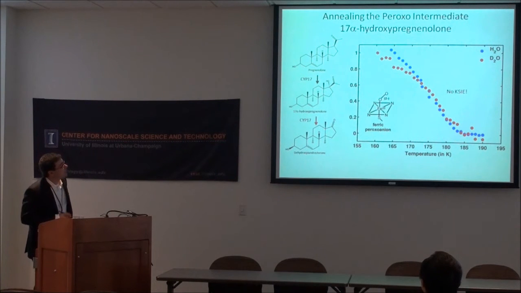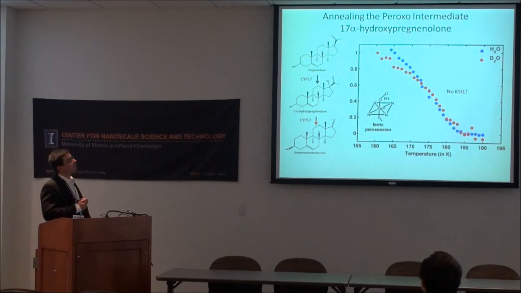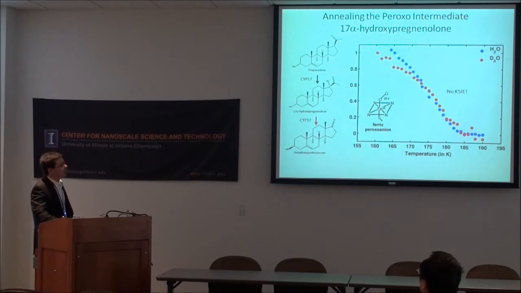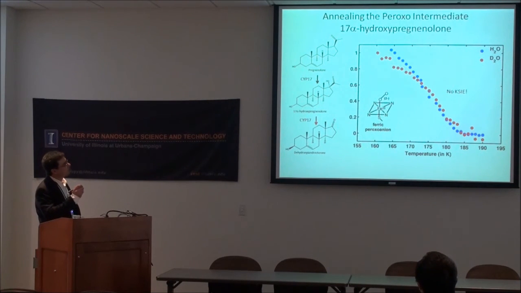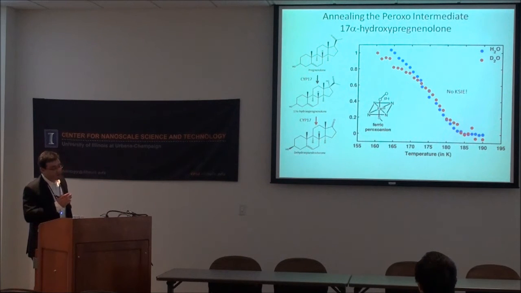In the case of annealing the 17-alpha hydroxypregnenolone peroxo intermediate, and this is the questioned and hotly debated mechanism, you in fact do not see a KSIE. So here is H2O and that's D2O. They overlap. So this is evidence of no protons involved and going through this ferric peroxoanion, which is really novel.